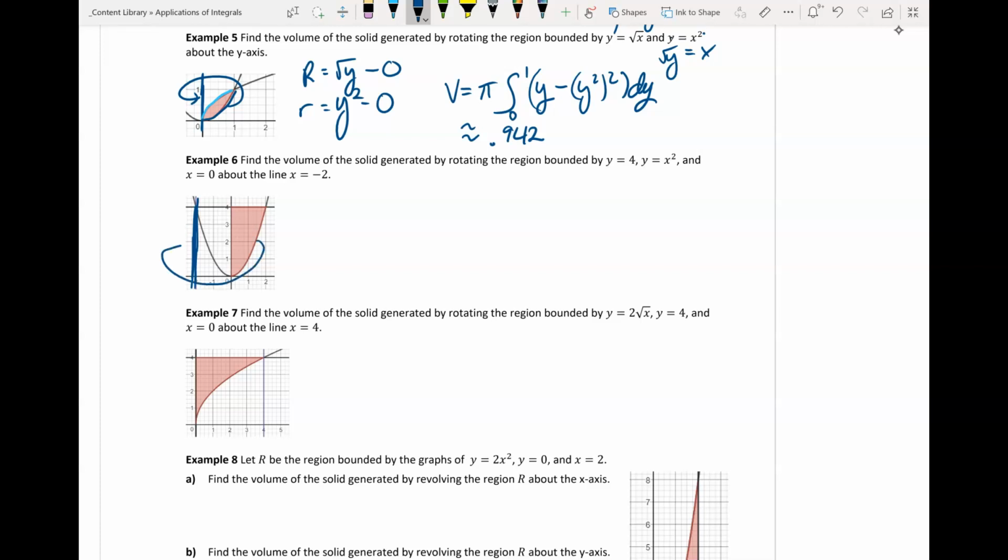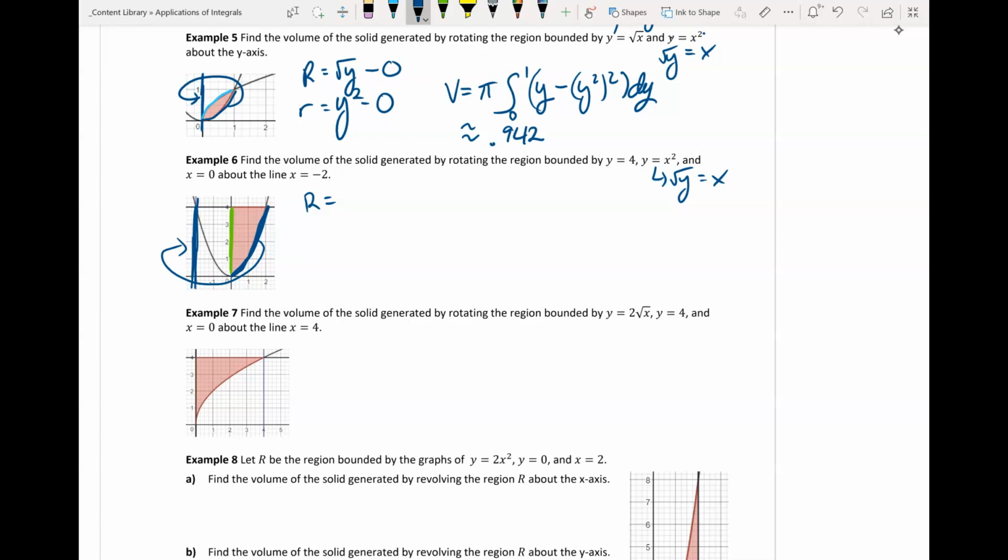This is going to rotate around like this, which means this is your outer radius and this one's your inner radius. Now I'm going to rearrange some things because I have to have everything in terms of y. Square root both sides and get root y is equal to x. That's the only one I really need to change.